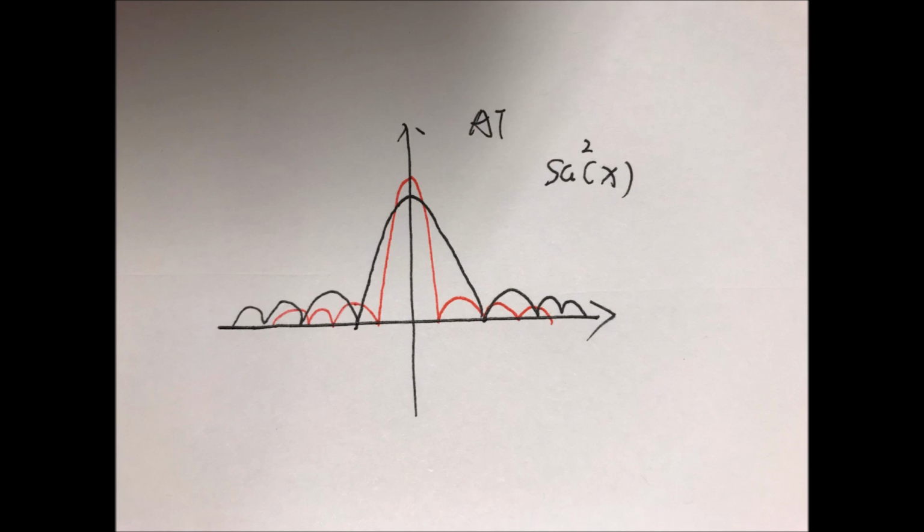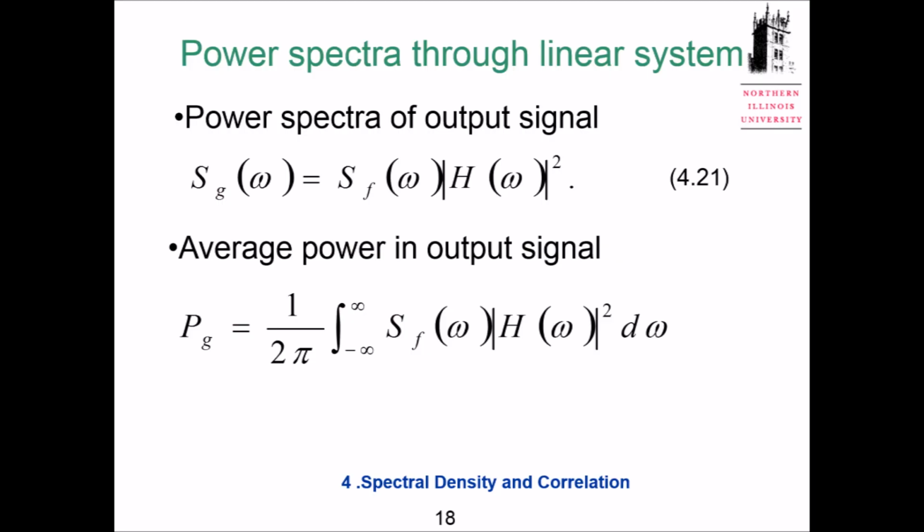Similar to what we did before for a signal going through a system: for an energy signal, if your signal goes through an LTI system, the output signal's PSD, power spectral density, is the input signal's power spectral density times the magnitude squared of your system response.